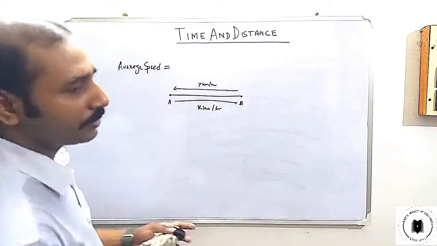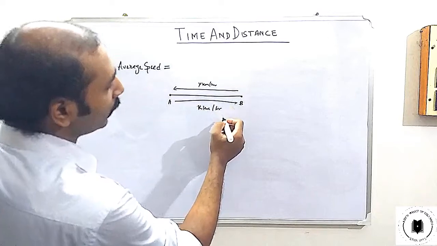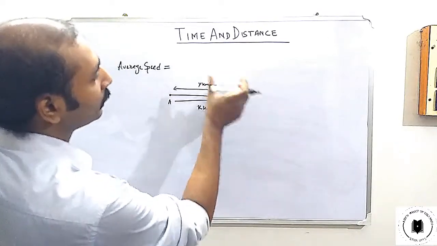Then what is the average speed? The average speed would be the multiplication of these two speeds divided by the summation of the same.